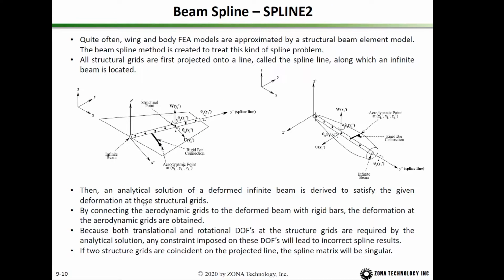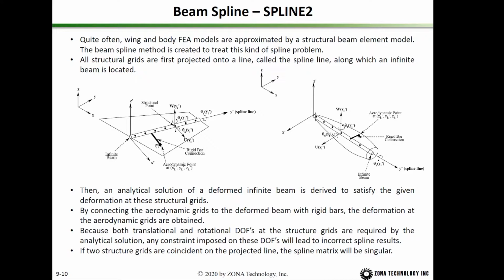For the beam spline, you also use an infinitely long beam analytical solution to perform the spline. First, you have to define a spline axis. And the beam spline will project all the structural grid points onto this spline axis, because in the structure model, those grid points may not be along the same line. Okay, so you project onto this axis.